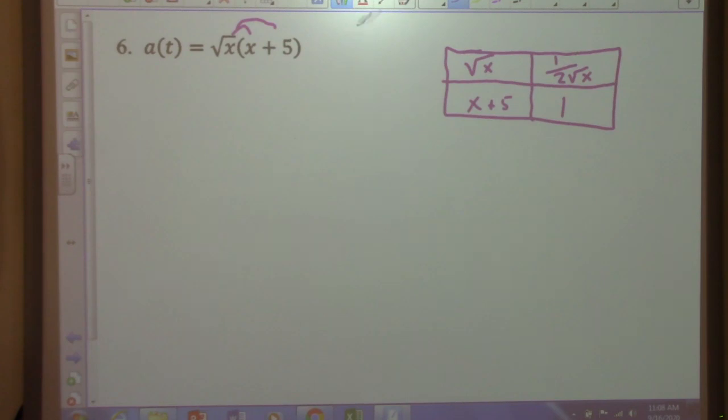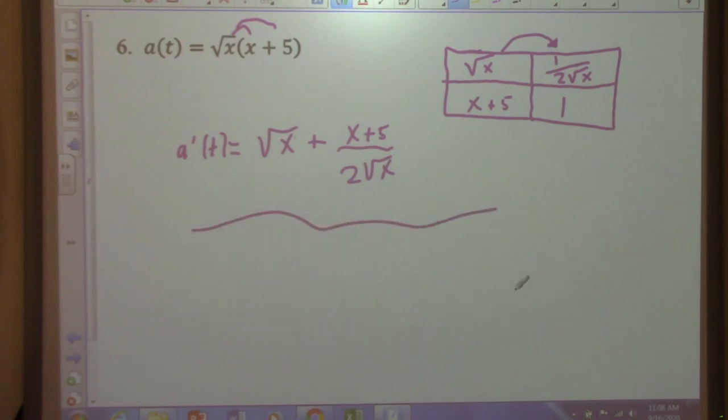This is a very common thing, to take the derivative of a square root. So I hope you learn how to make that a pretty automatic thing. And so a prime of t is equal to square root of x times 1 plus this times this, so that's going to be x plus 5 over 2 square root of x. So that should be that one worked out. Okay?